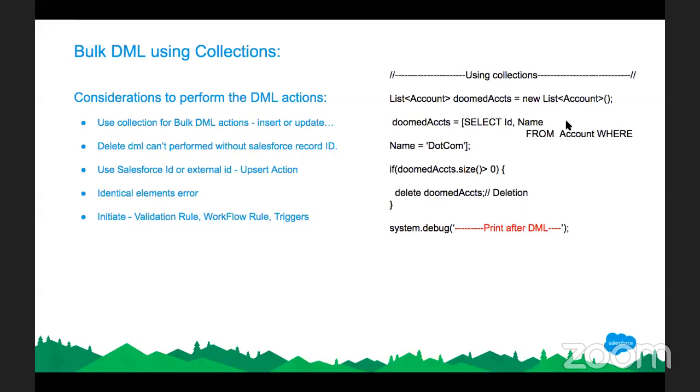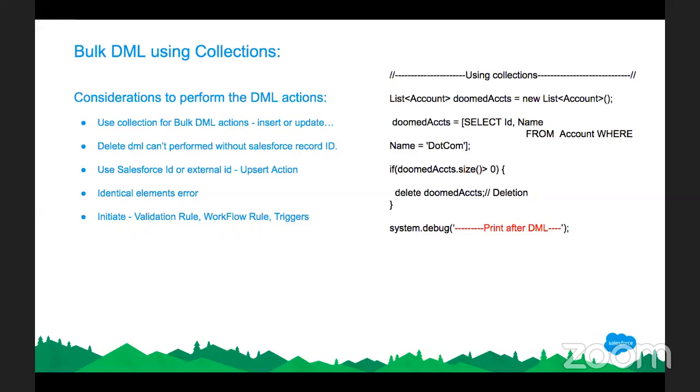For example, I just queried 300 records to capture the value in the doomed accounts collection. Now I'm doing one more query at the same time with the same filter, and I'm adding all the accounts to the same list one more time, which means right now I have 600 account records, 300 extra, almost a duplicate. So we will receive the identical elements error.